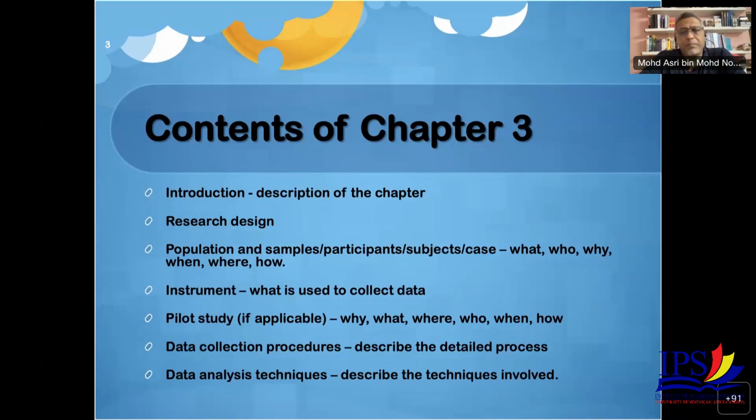Right? And then if there is a pilot study that has to be carried out, then report this pilot study in your chapter 3. Why the pilot study was done, what it is, where, how, who, and so on. And in chapter 3 also, you need to come up with a description of how the data will be collected or how the data have been collected, the data collection procedures.